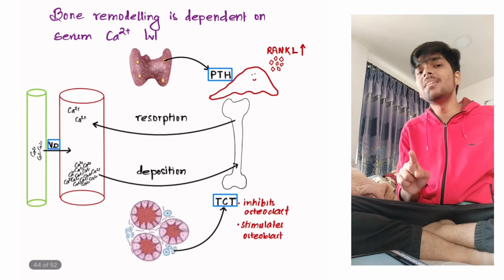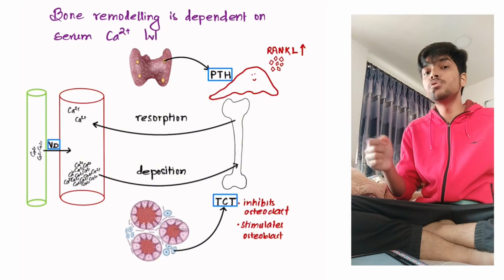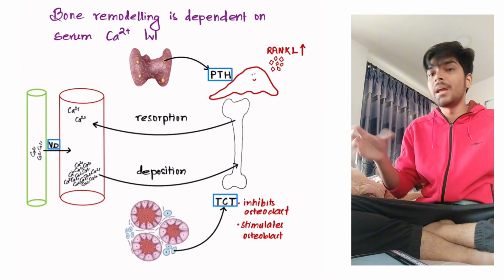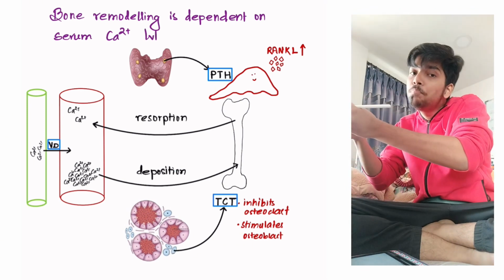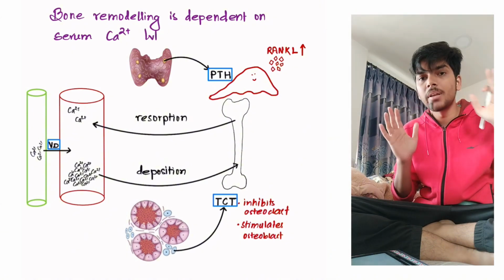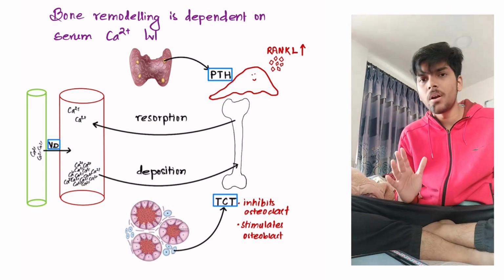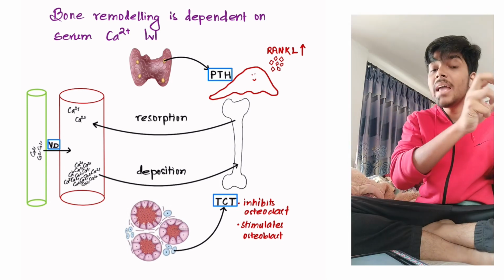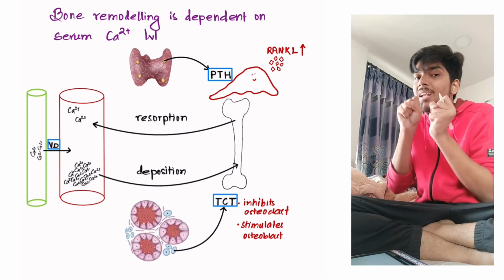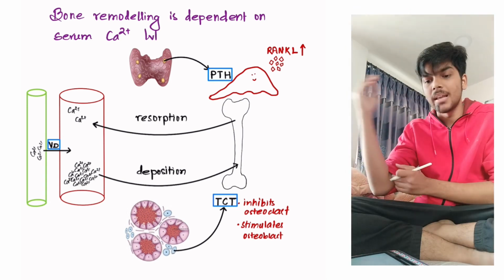If the level of calcium in your blood is low, then your bone goes through resorption or breakdown, and then the calcium is pulled from the bone and added into the blood to increase the blood calcium level. If the calcium level is too high in the blood, then from the blood the extra calcium is pulled and deposited in the bone. Let's see what exactly happens.